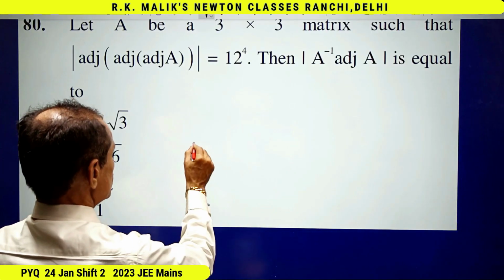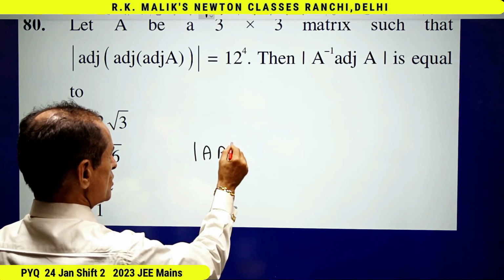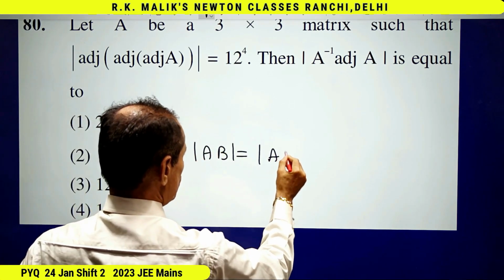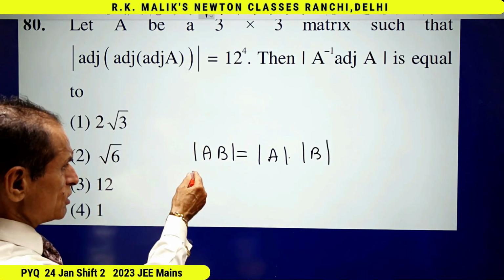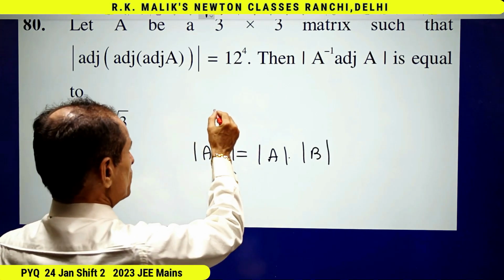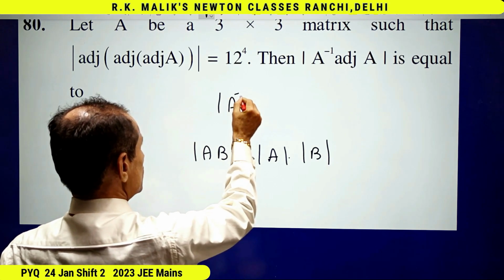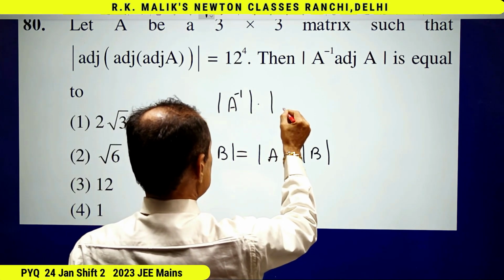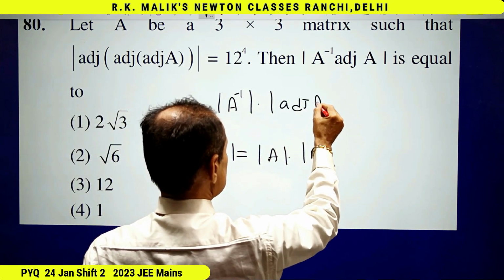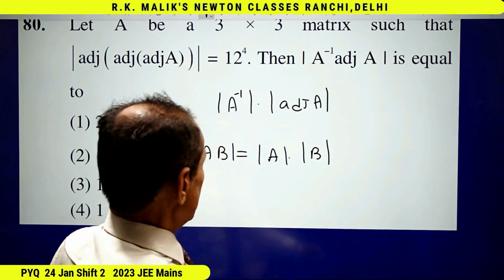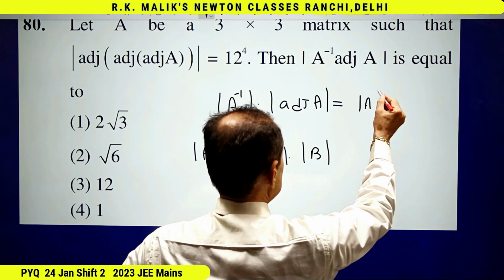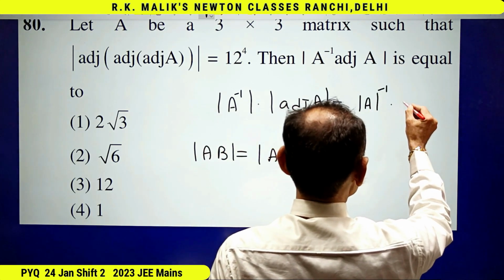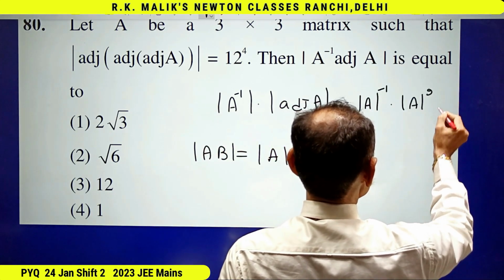And we know that determinant of AB is equal to determinant of A into determinant of B. And using this formula, this can be written as determinant of A inverse into determinant of adjoint A. And we know that this is same as determinant A to the power minus 1 into determinant A to the power 2.